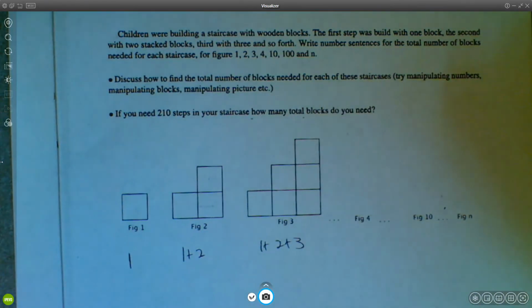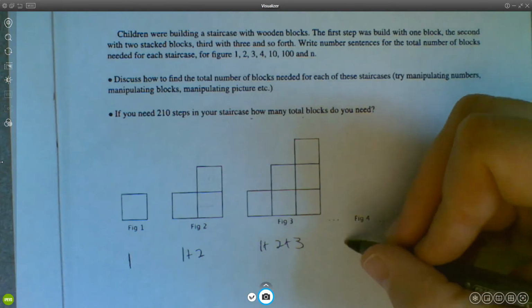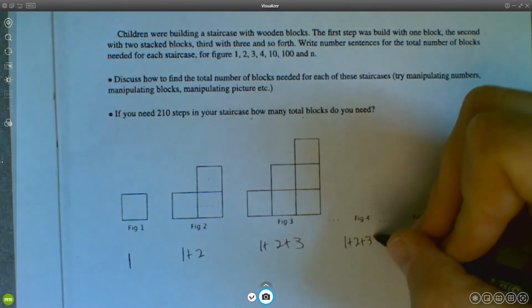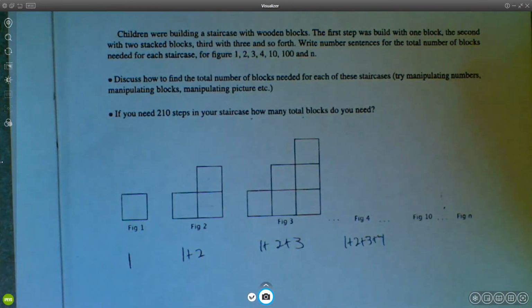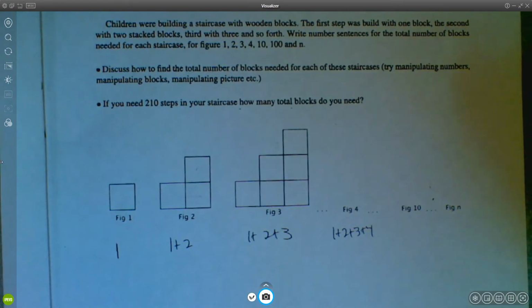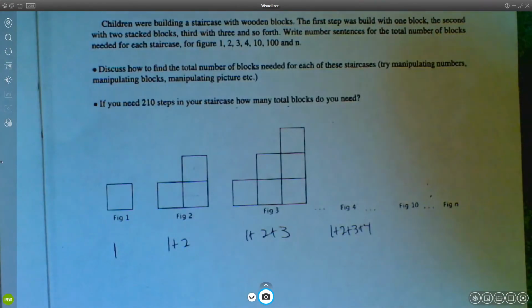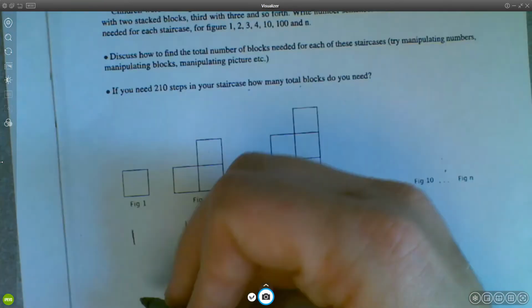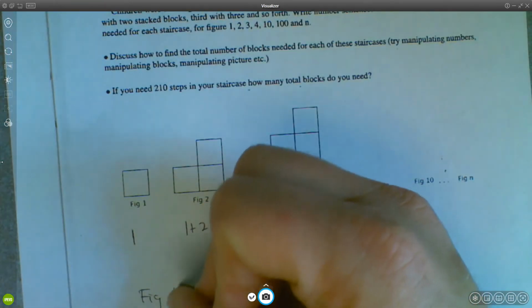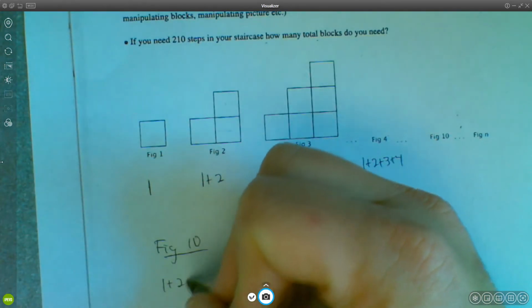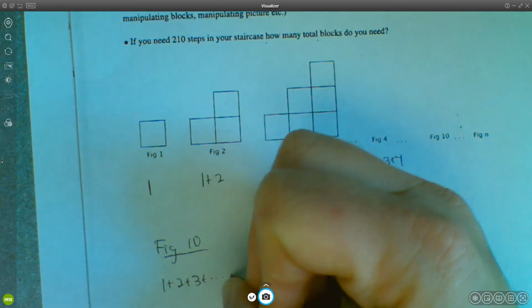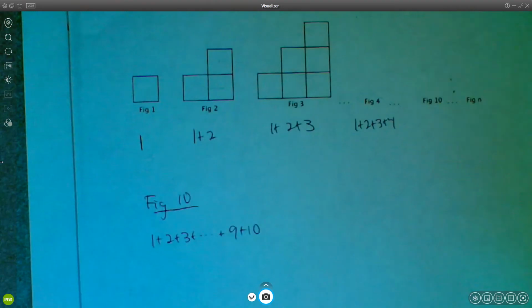And then they say, oh, so I've got a pretty clear pattern, right? Figure 4 is going to be 1 plus 2 plus 3 plus 4. And so then they can guess, well, figure 10 is just going to be 1 plus 2 plus 3 plus ... plus 9 plus 10, right?